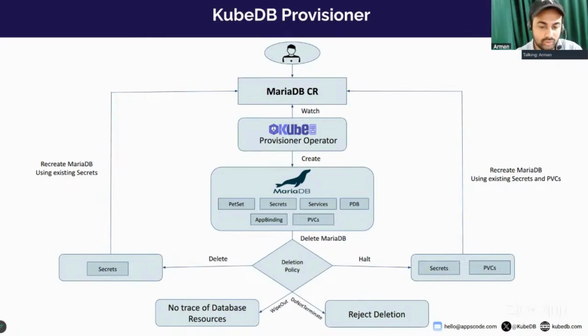And the provisioning process is the same as MariaDB Galera cluster. Here we have additionally added a MaxScale proxy server. The provisioning process is simple. The KubeDB operator watches the MariaDB CR. Then it creates a PetSet for the MaxScale proxy server and one PetSet for the MariaDB standard replication server, and some other resources such as secret, service, PDB, binding, PVCs.